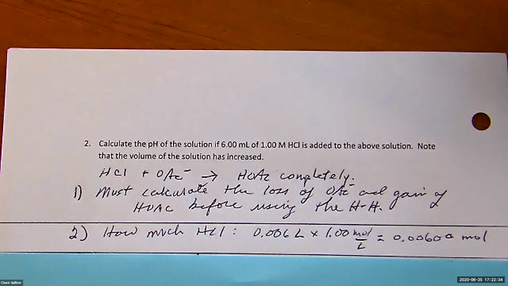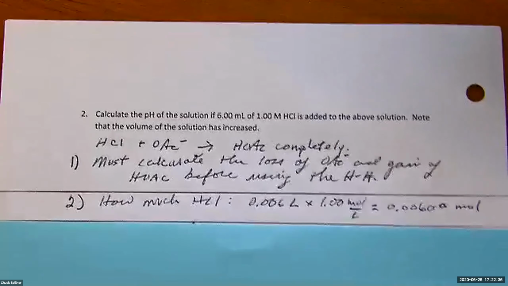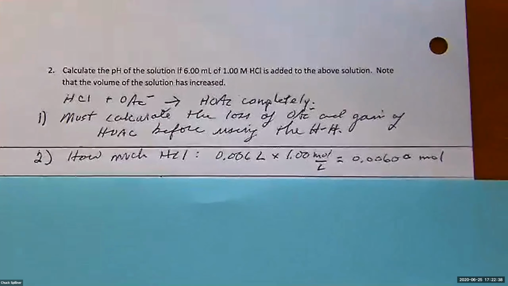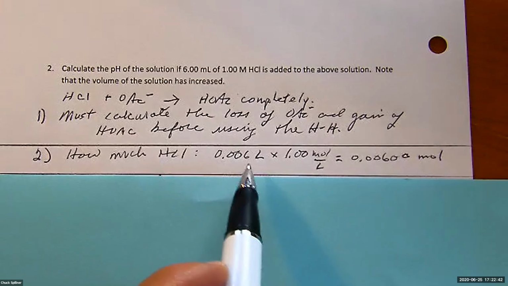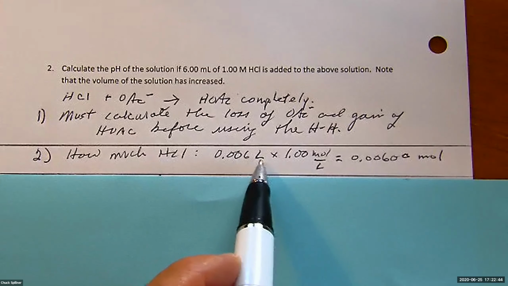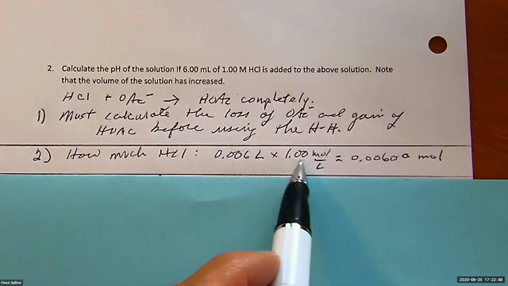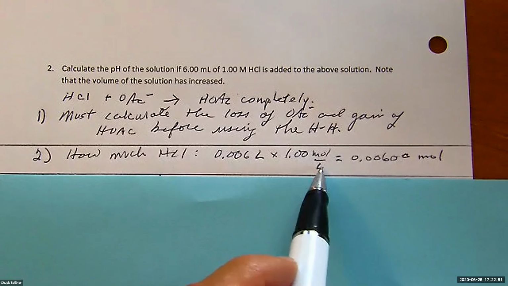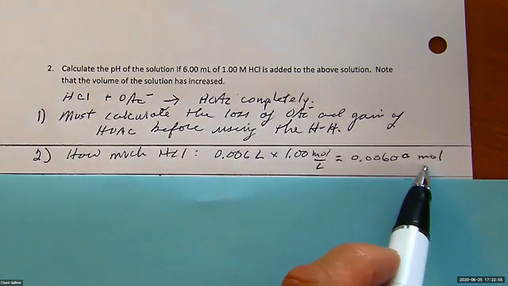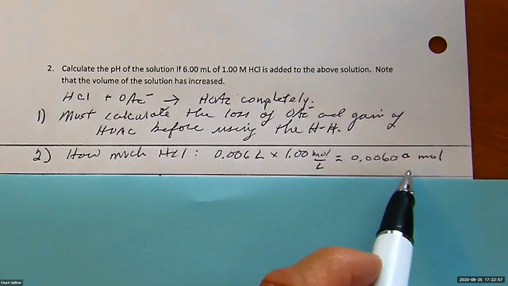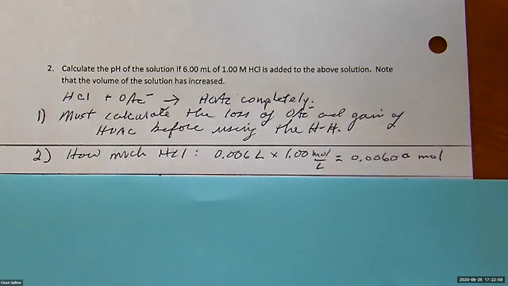First, to know how the added HCl is going to affect it, we have to know how many moles are added. So we have 6 mL converted to 0.006 liters times a molar concentration of 1 mole per liter, which yields 0.00600 moles of HCl added to our buffer solution.